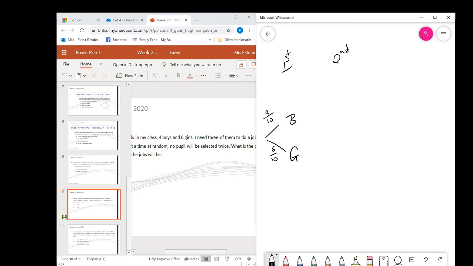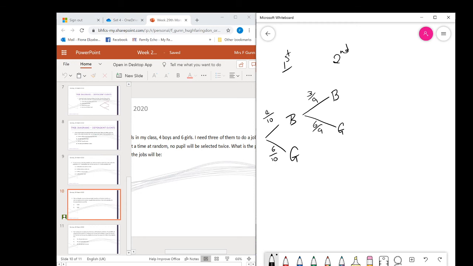If I pick a boy, I could, for my second student, pick a boy or a girl. Now, if I've already picked a boy, there are only 3 boys left in the classroom that I haven't picked, and only 9 students left I haven't picked. And there are still 6 girls out of 9 students.